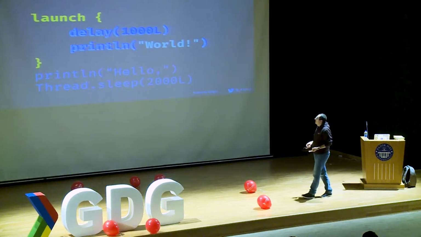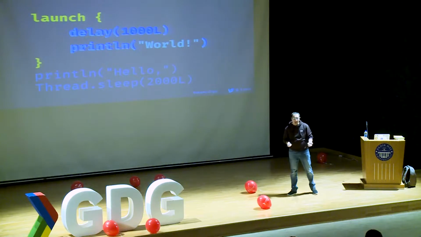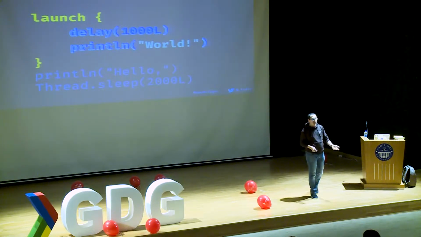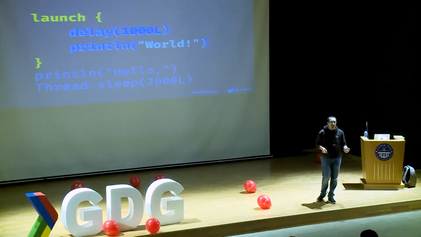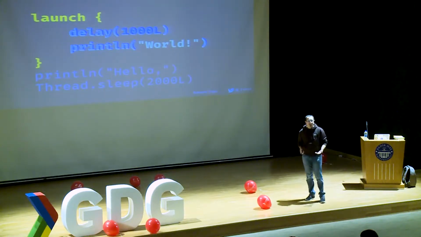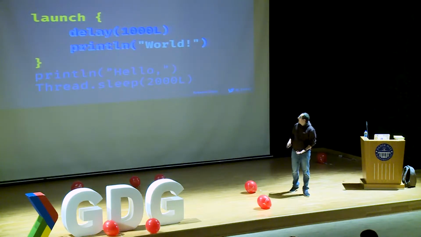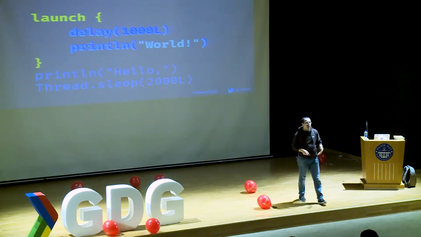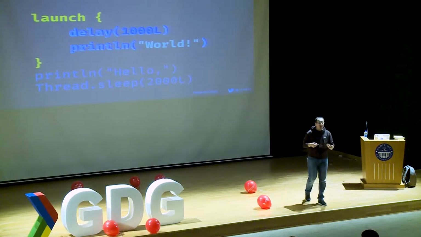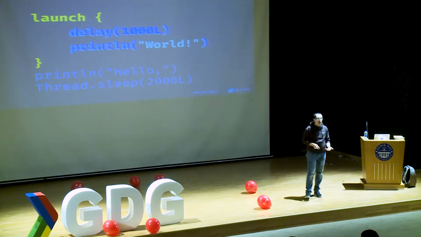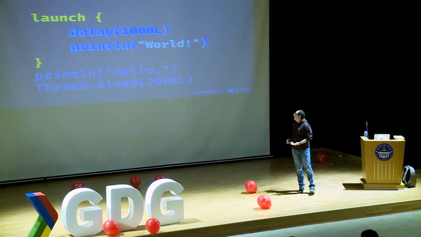Okay? So launch is our builder. What builds the coroutine? What instructs our app that we are going to use a coroutine? That we want to create asynchronous programming. While delay is a suspension point, the one that is going to suspend the execution of our coroutine without blocking the whole thread.